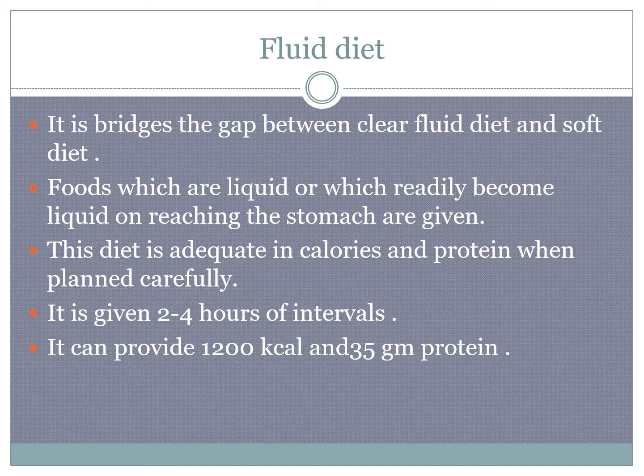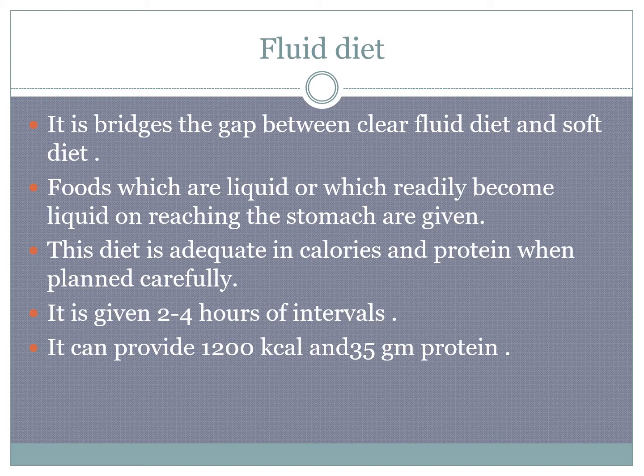So this diet is adequate in calories and protein when planned carefully. If it is planned properly, nutritionally it can be planned in a balanced form, so that all the requirements for protein and other nutrients and calories are met.